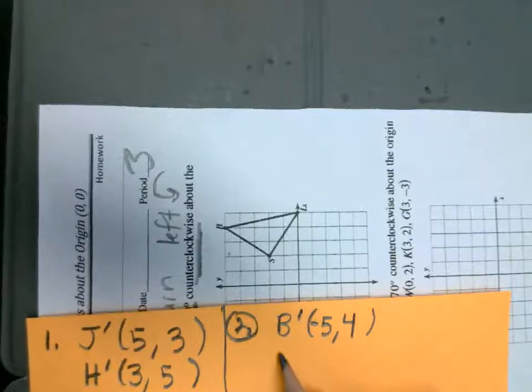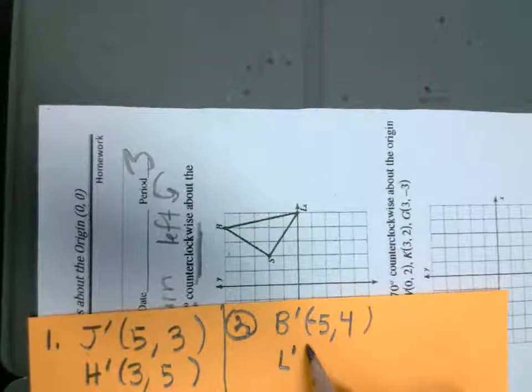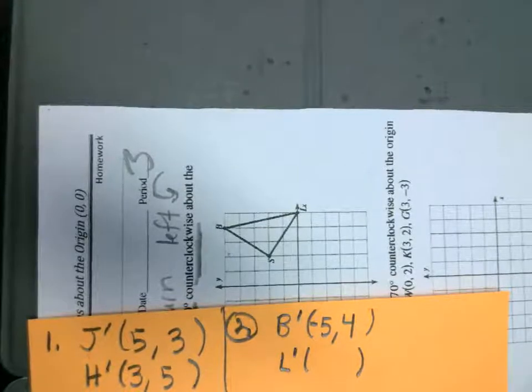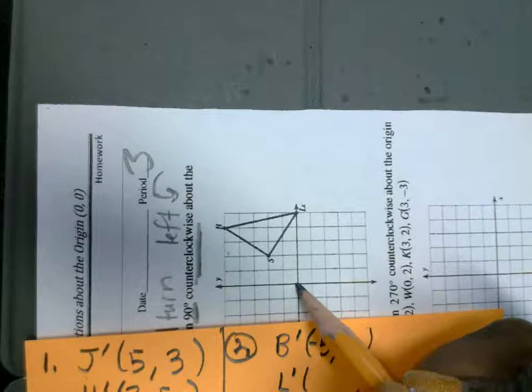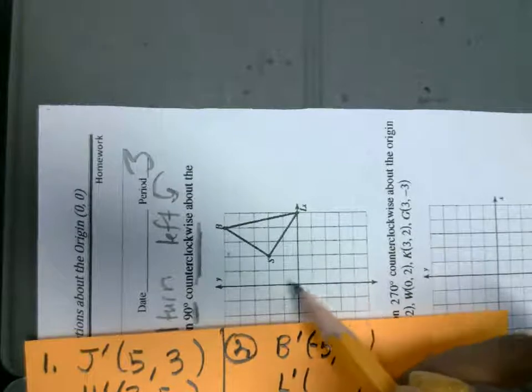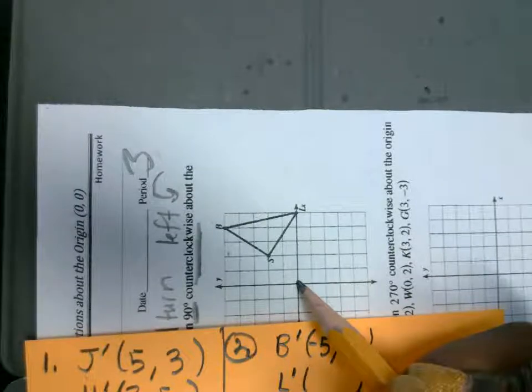Let's do L. All right, my new location for L. Start at the origin. Origin's right here. Do I go left or right to get to L? This is left. This is right. Do I go left or right?